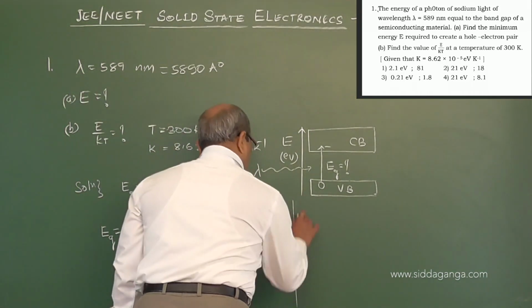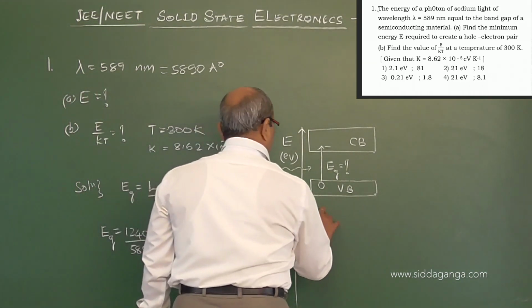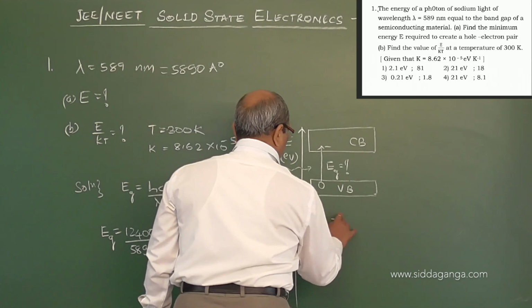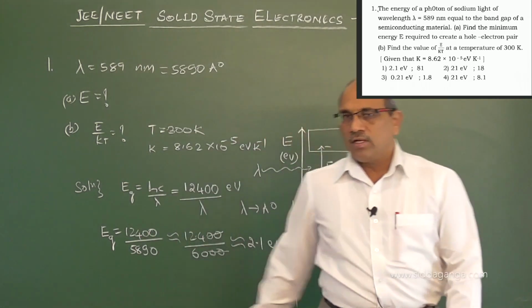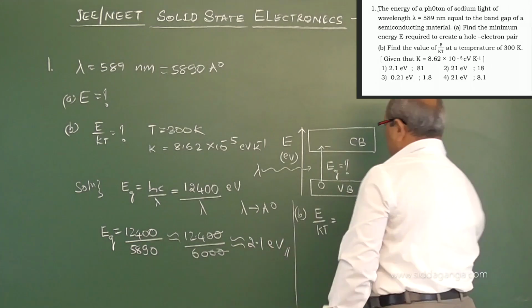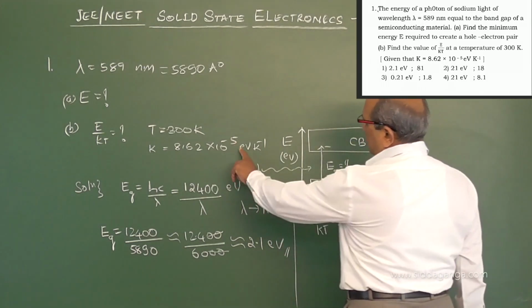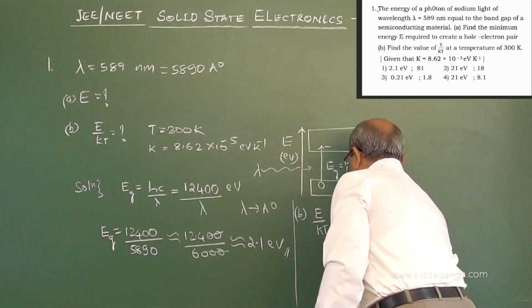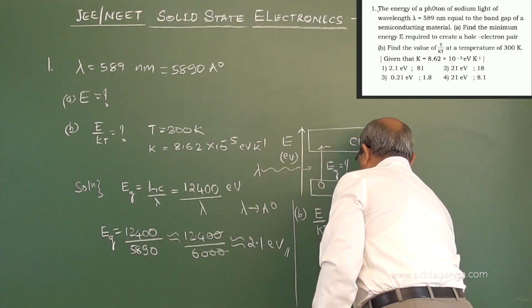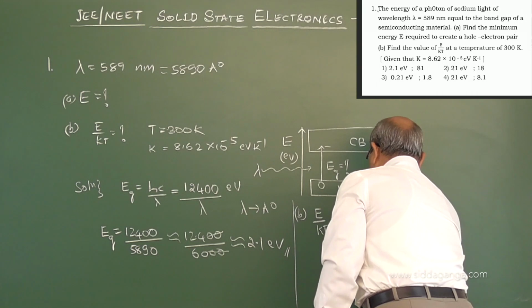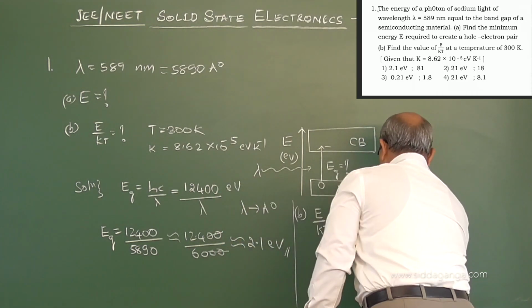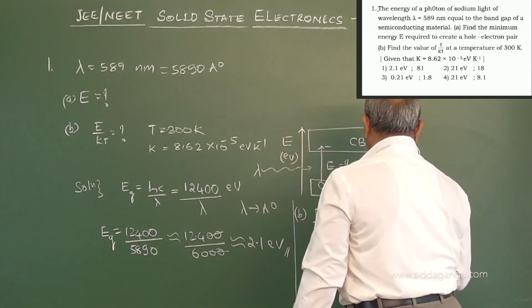The other part is B. We want to calculate the value of E by kT. E we got as 2.1, and conveniently the value of k is given in eV, so there is no problem; directly you can substitute 8.62 into 10 power minus 5, with temperature 300.